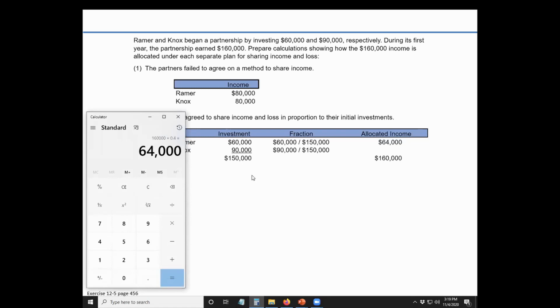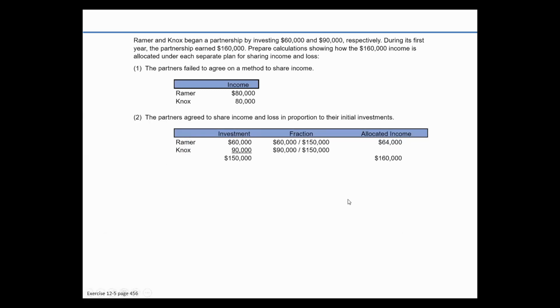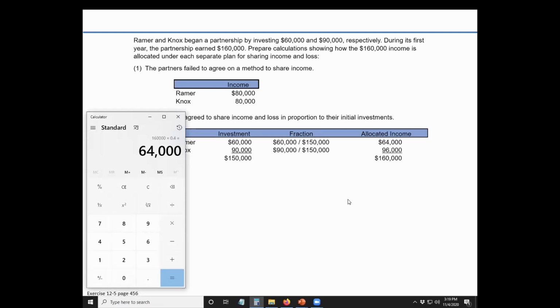Okay. Then to figure out how much Knox had, you could figure this out two ways. You could just take 160,000, which was the profit, minus the 64,000 from it. You get 96,000, and that's how much Knox would get. Another way you could do that is to take 90,000 divided by 150,000, which is 60%.